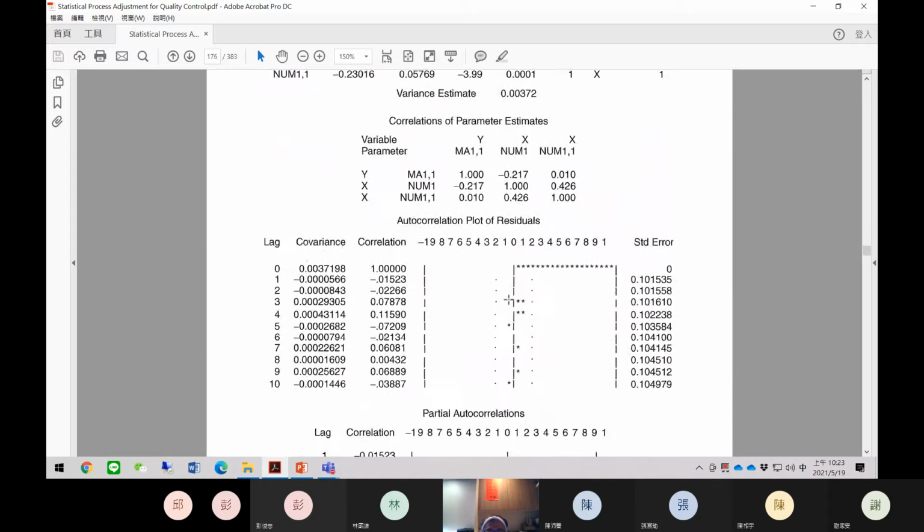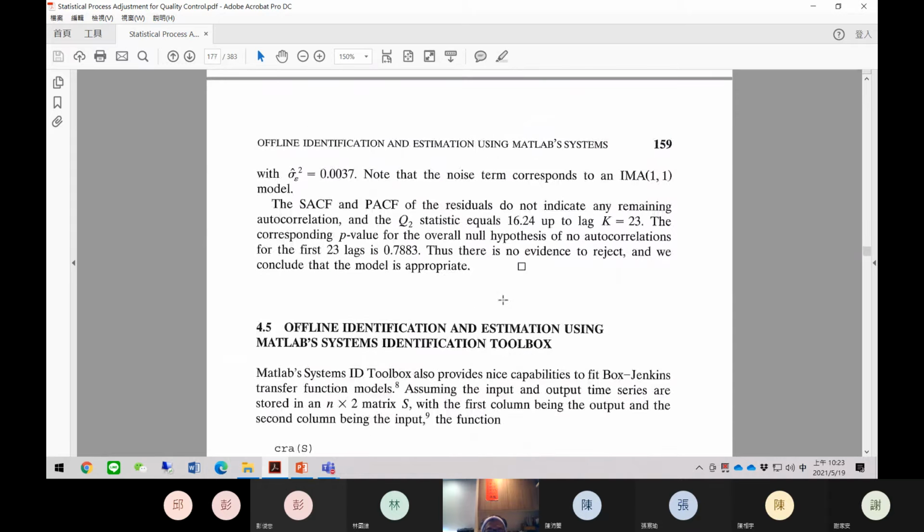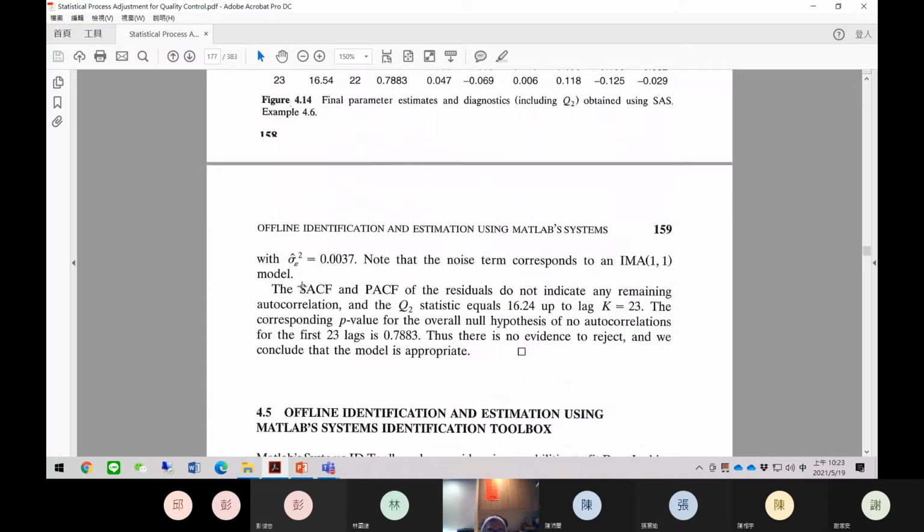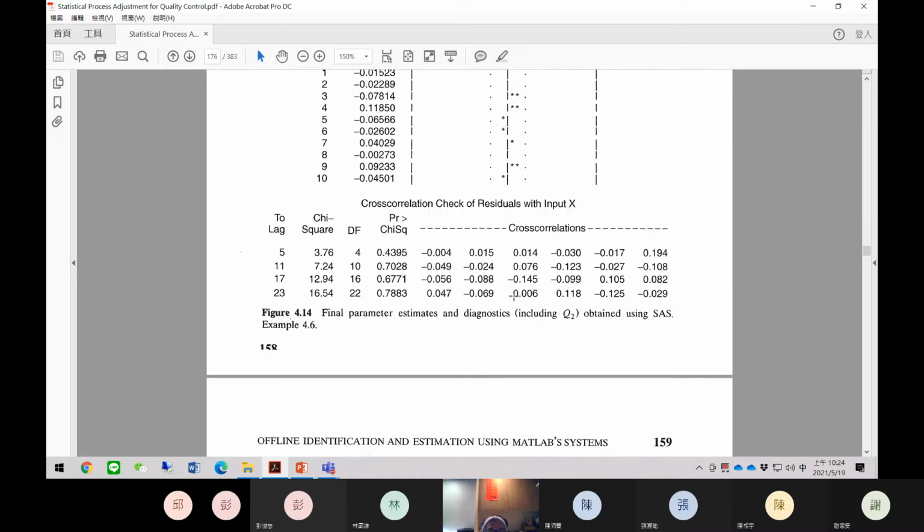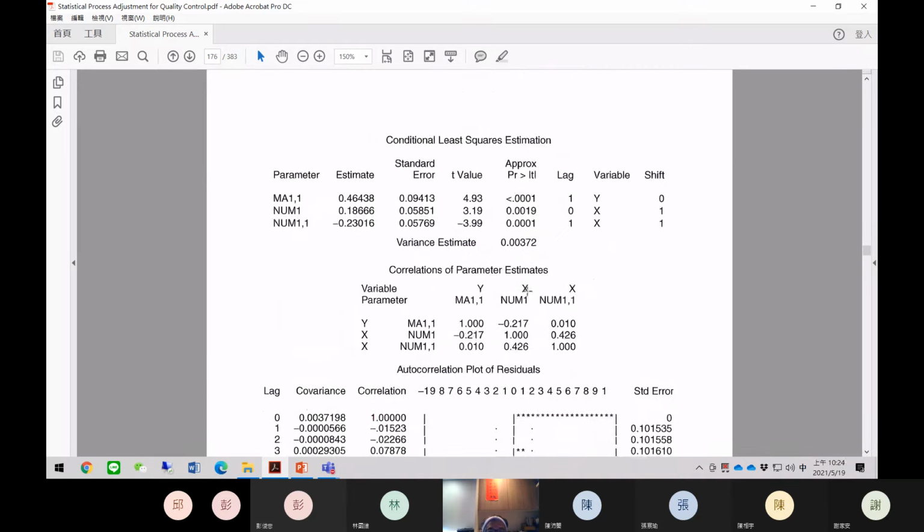Going further, the sample autocorrelation function and the partial autocorrelation function of the residual do not indicate any remaining autocorrelation. The Q2 statistic up to lag 23 is 16.24. Where is the 16.24?